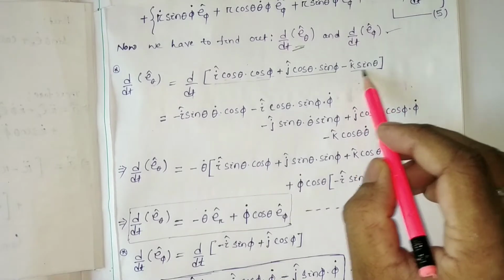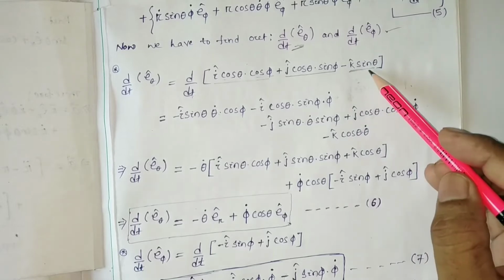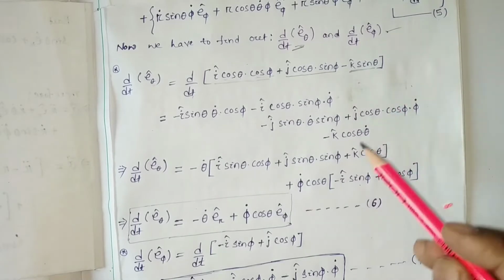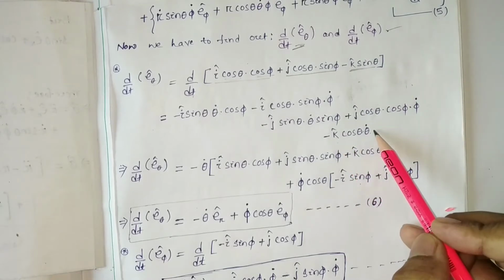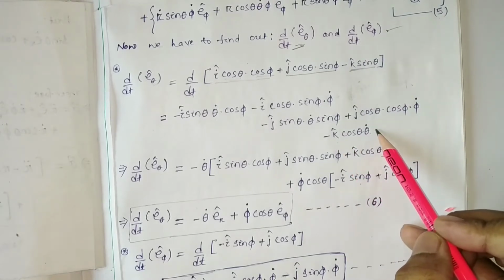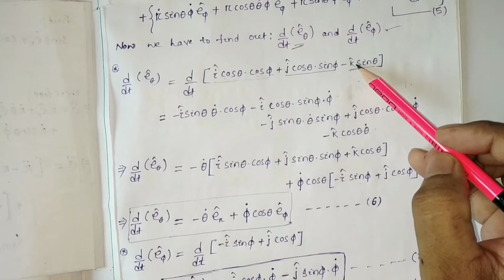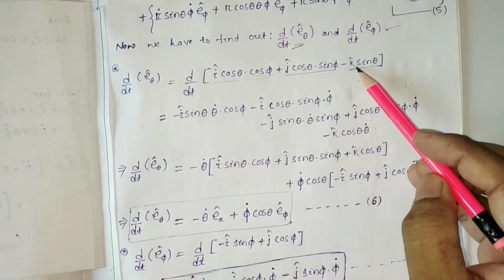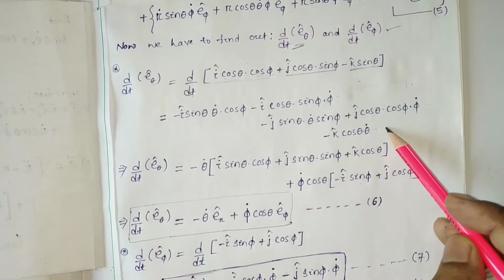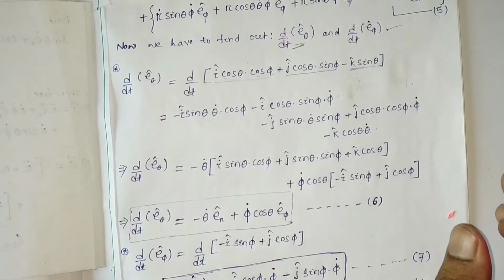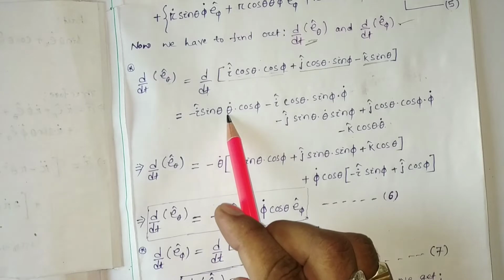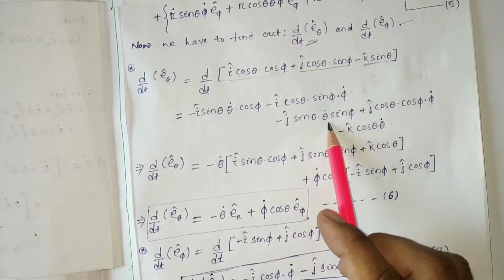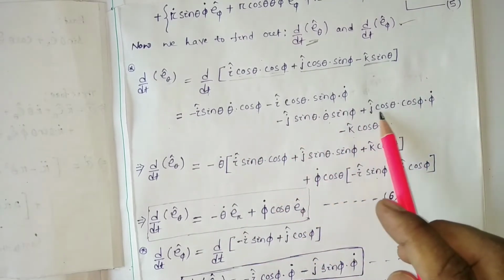Now consider the third one, d by dt of sin theta will be minus cos theta theta dot, k cap is there. Then the next term will be d by dt of k cap sin theta, but d by dt of k cap will be 0, so that term will be cancelled out, so I not written. So here you can see that this belongs to the theta dot term, this is the theta dot term, this is phi dot and phi dot.